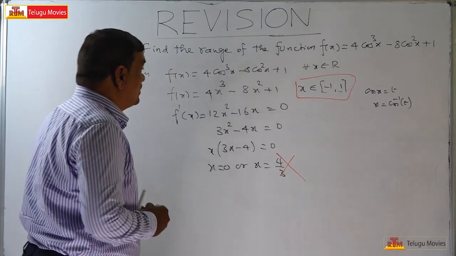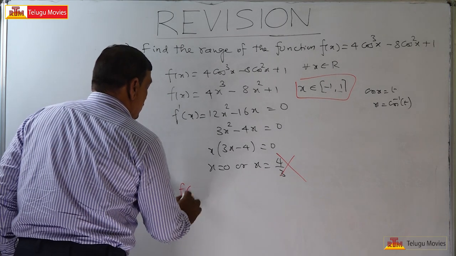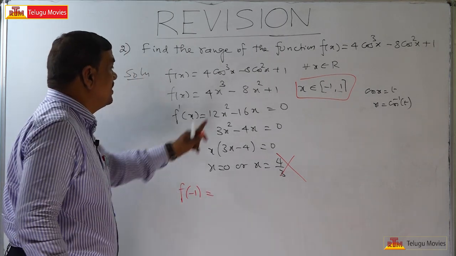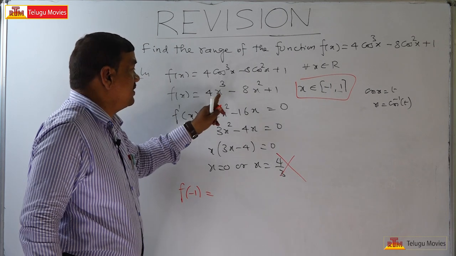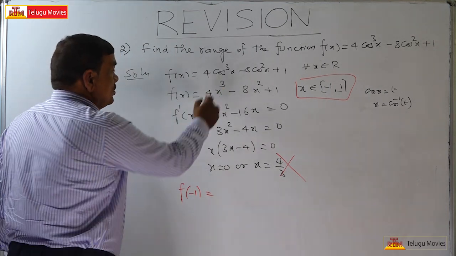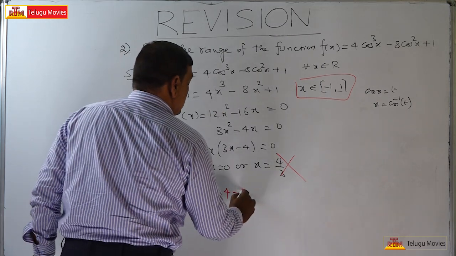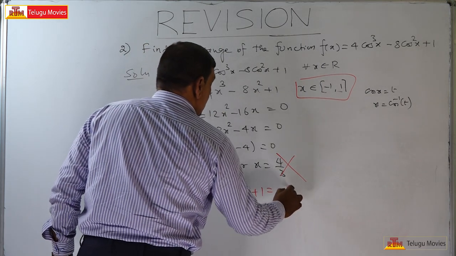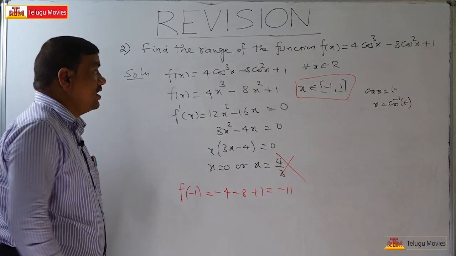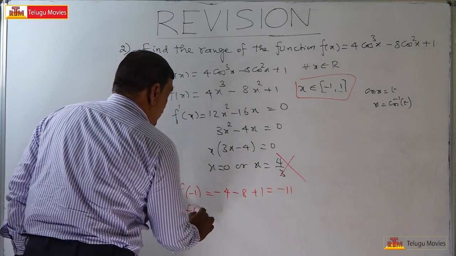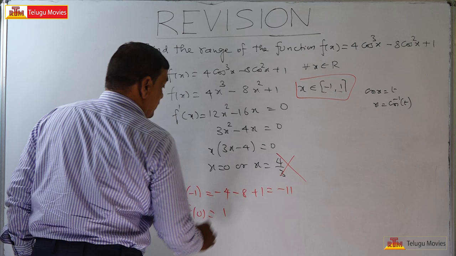Okay, now let us find out f of minus 1. F of minus 1 means what? Wherever x is there, substitute minus 1. Minus 1 whole cube, so this is equal to minus 4, minus 1 whole square, minus 8, plus 1. This is equal to minus 11. At 0, f of 0 is equal to how much? 1.